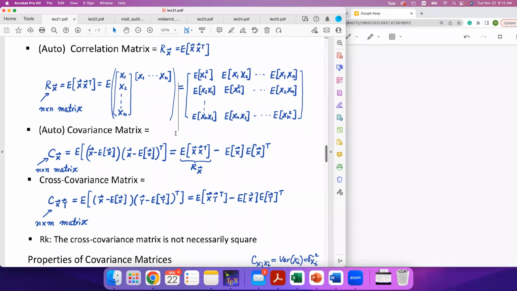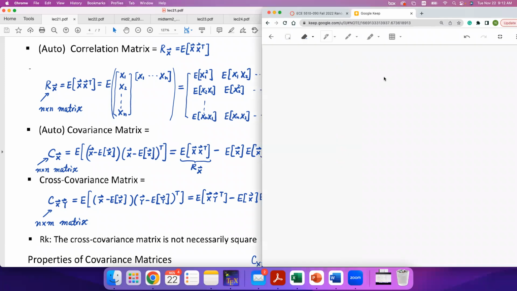Basically, if you have two vectors A and B, you do A B transpose. Now, this is essentially a matrix that gives you all the pairwise products between the coordinates of these two vectors. So you have A1 B1, A1 B2, and A1 BM, and then A2 B1, until AN B1.